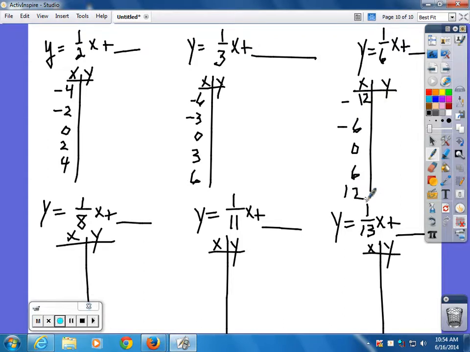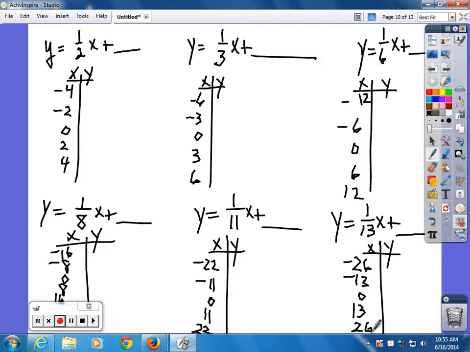What about 8? -16, -8, 0, 8, and 16. What about 11? -22, -11, 0, 11, and 22. How about 13? -26, -13, 0, 13, and 26.